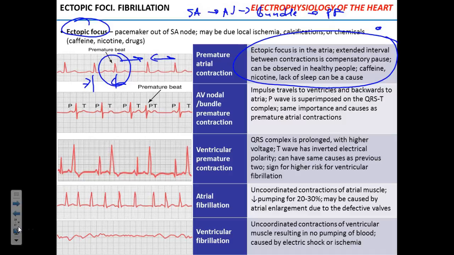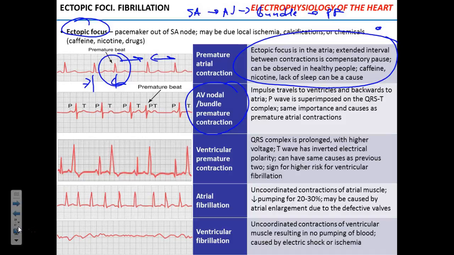In pretty much all healthy people, it can be observed, even in the resting conditions. Again, if you take EKG long enough. Ectopic foci are stimulated by lack of sleep, overconsumption of coffee, or overconsumption of nicotine. Okay, when you kind of feel that extra beat, when heart beats erratically, right? Now, premature contraction in the AV node or the bundle.